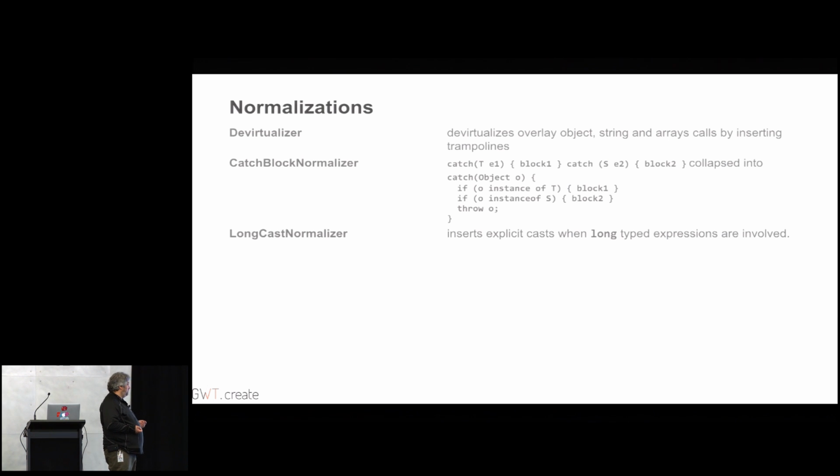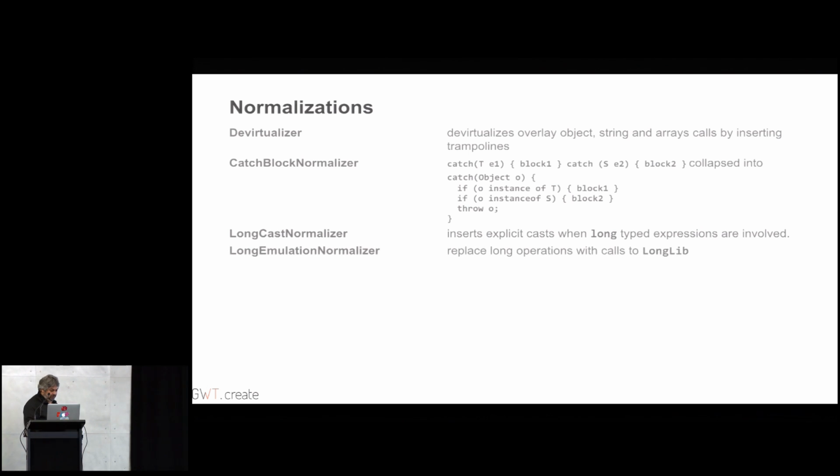Like if you go from int to long, you don't need to write an explicit cast. So we make it explicit. So this pass basically inserts these casts so that a later pass can just do the right traversal and replace all castings to long by the appropriate implementation. And that's done by the long emulation normalizer, it's called.